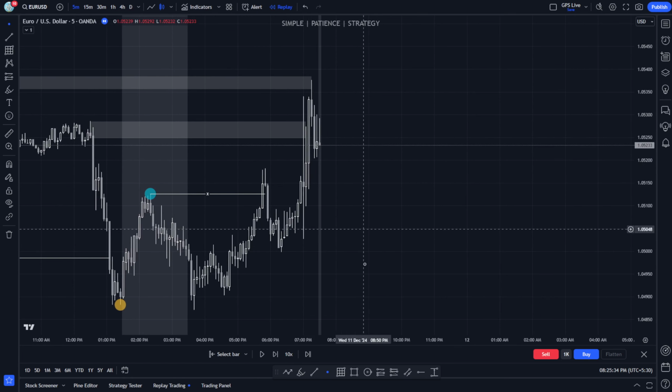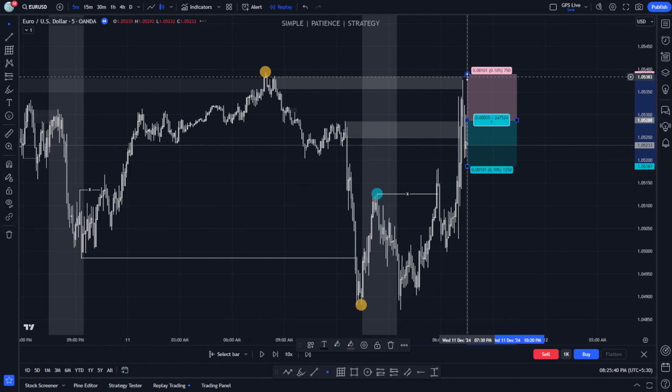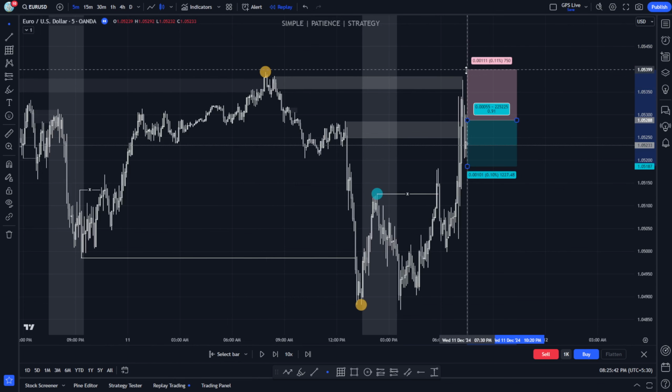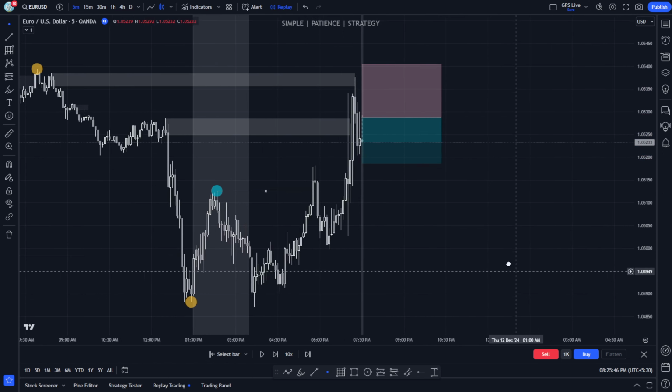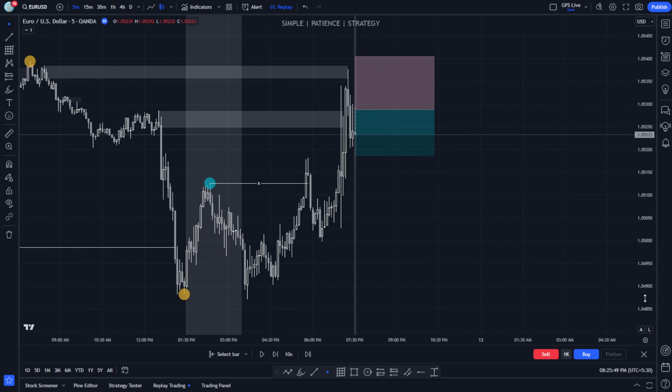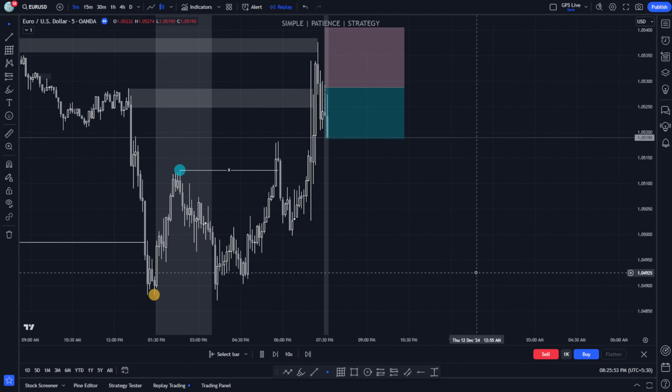Which is right here. This is where I took my entry, and I put my stop loss about on top of this high. I just put my stop loss as pretty flexible. I don't put tight stop losses. So let's see what happens.